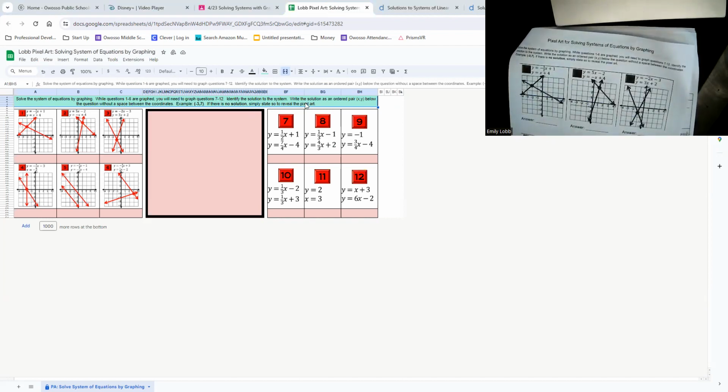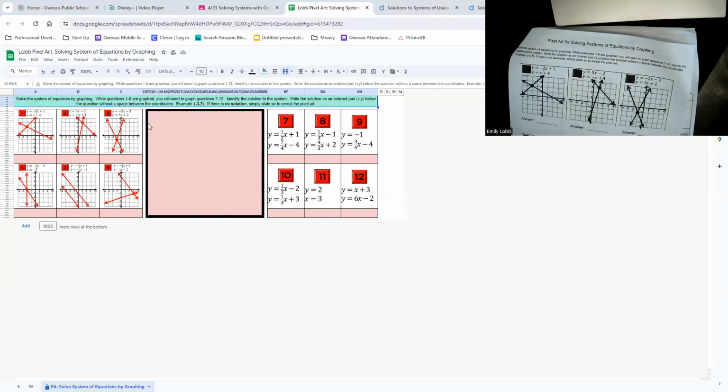So identify the solution to the system. Write the solution as an ordered pair. Notice you have to use parentheses below the question without a space. So example, (-3,7). If there's no solution, simply state, no solution, to reveal the pixel art.